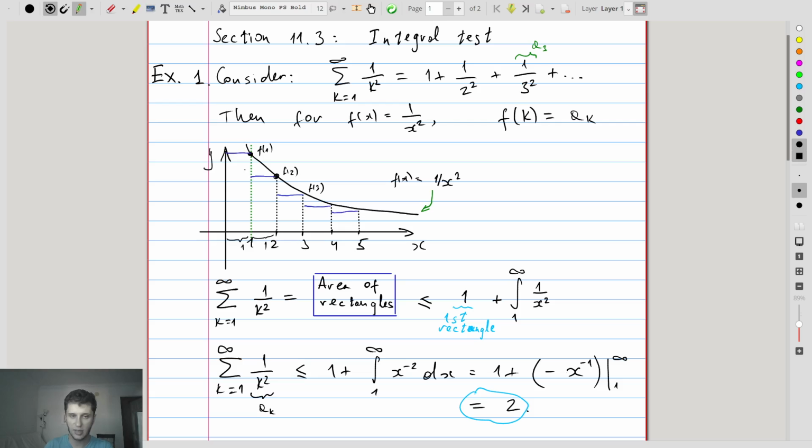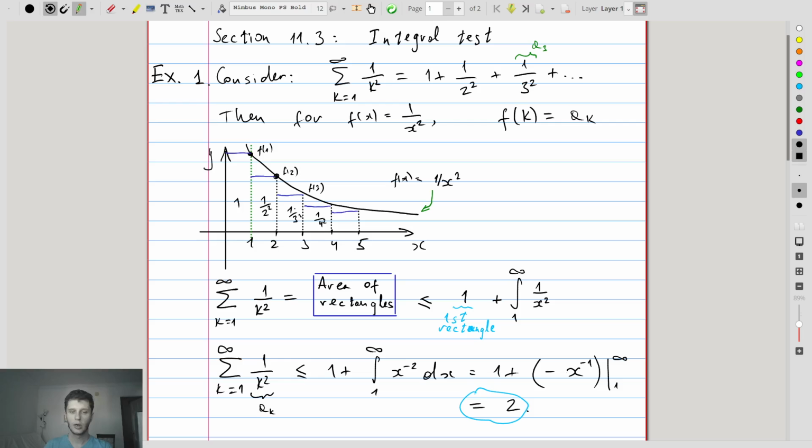They have heights given by a sub k, and therefore they have areas given by a sub k. This rectangle has area a1 equal to 1. This has area 1 over 2 squared, and so on. This has area 1 over 3 squared, 1 over 4 squared, etc.